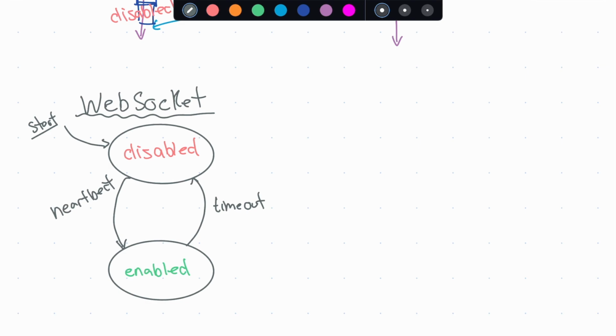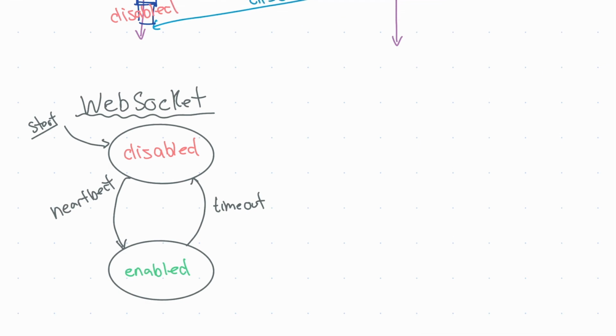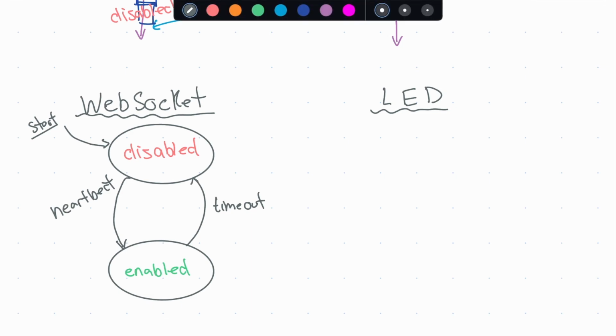The more interesting part is when we have something that we're controlling on our microcontroller that's relying on being in an enabled or disabled state. Let's have a simple example here of an LED. And let's say that our LED has two states as well.